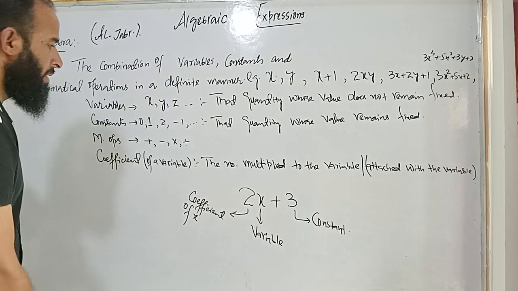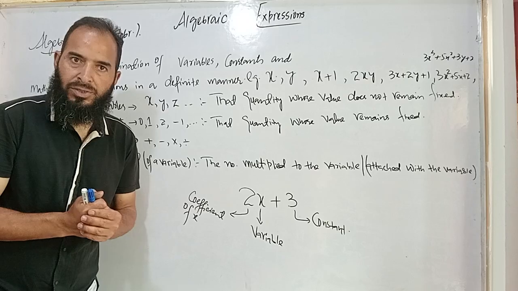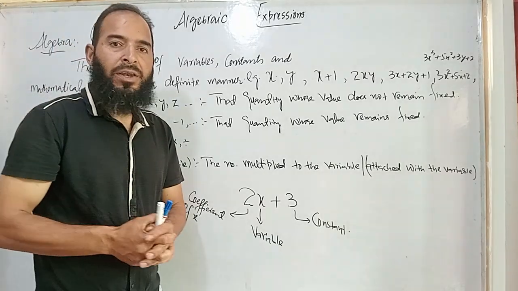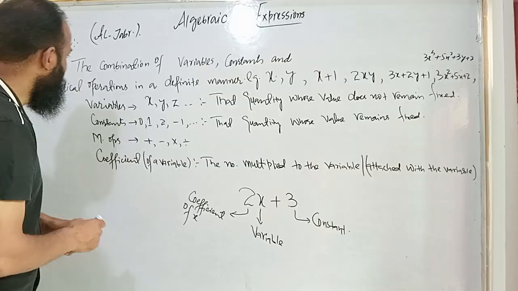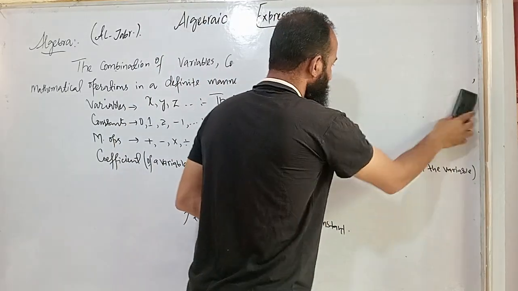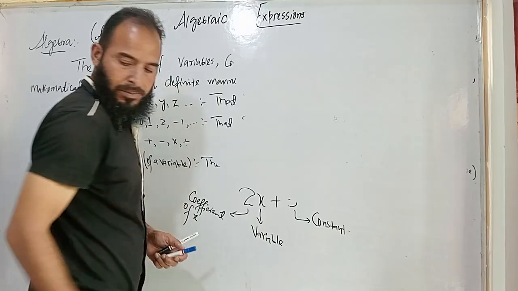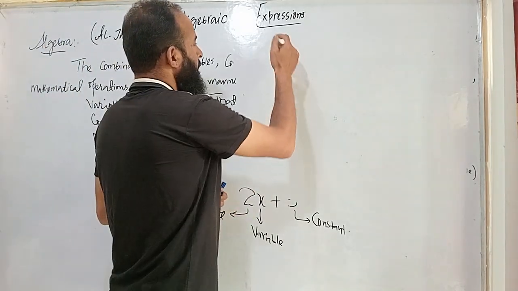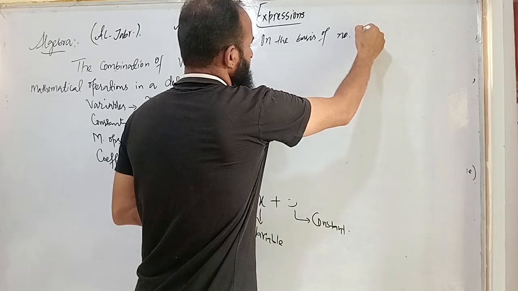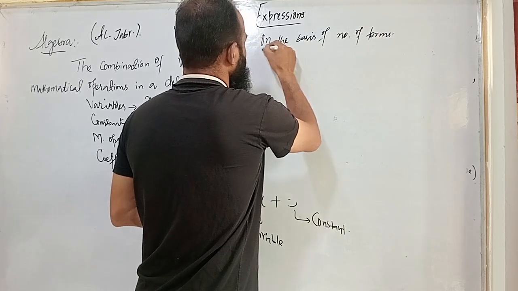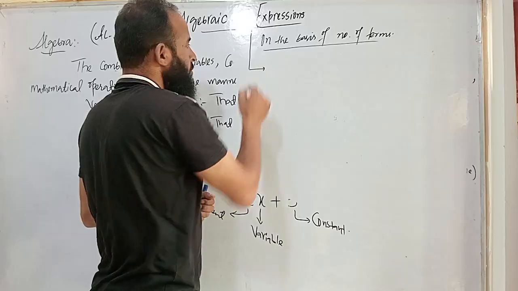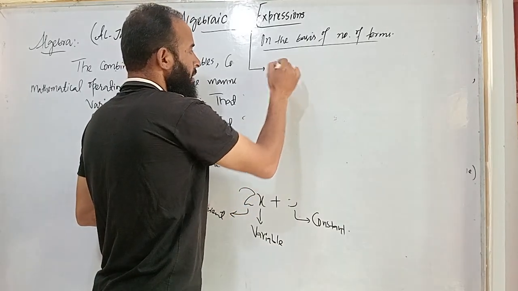mathematical expression or algebraic expression. Now see, depending upon the number of terms, an algebraic expression has been divided into 3 types on the basis of number of terms. First one is monomial.